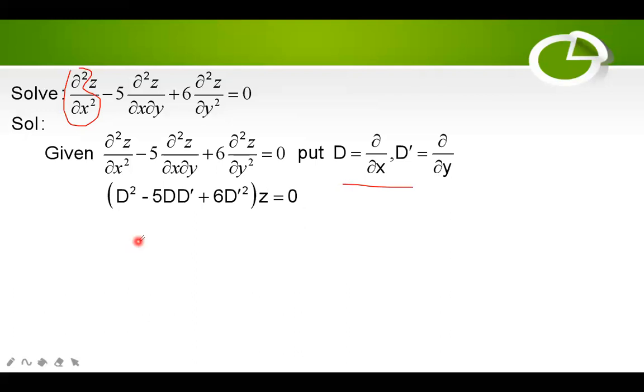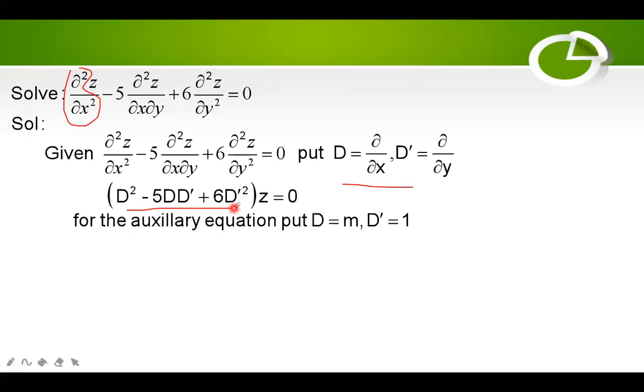For the complementary function, we equate this to 0, that means D square minus 5 D D dash plus 6 D dash square equal to 0.